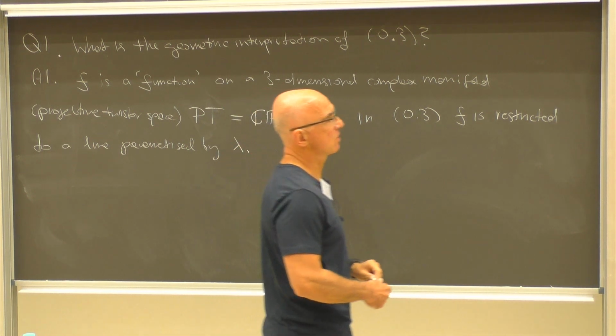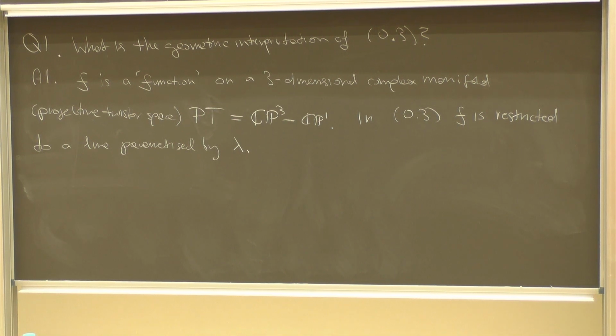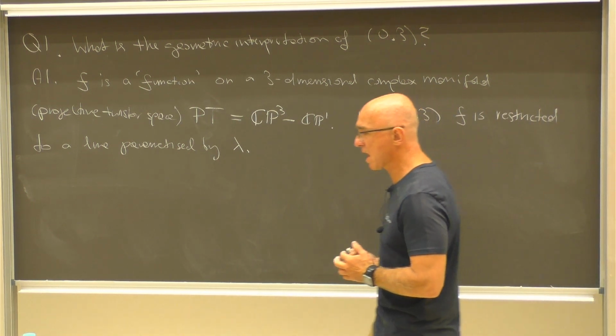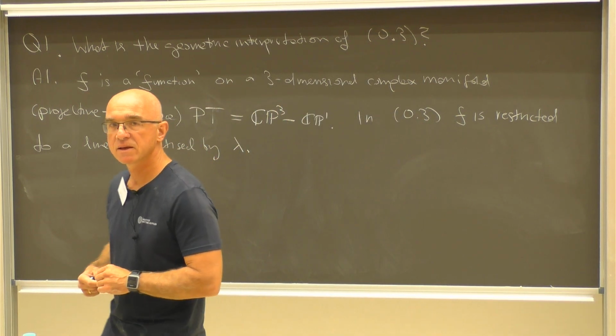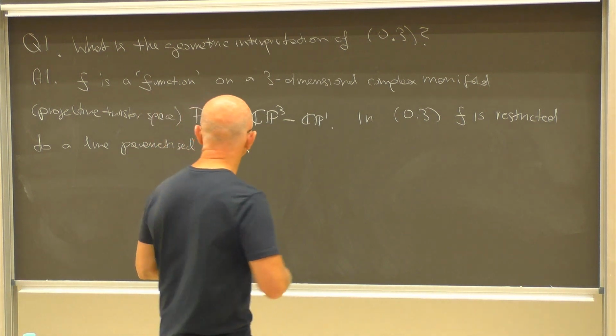I should have said earlier that this function f is arbitrary, except that it's holomorphic. So it's a holomorphic function of these three variables. Of course, you'll know that if you integrate a holomorphic function, if this function was holomorphic everywhere on CP1, then the contour gamma would not enclose any singularities, and by Cauchy's theorem, the answer would be 0. So it's holomorphic, but it's allowed to have poles.